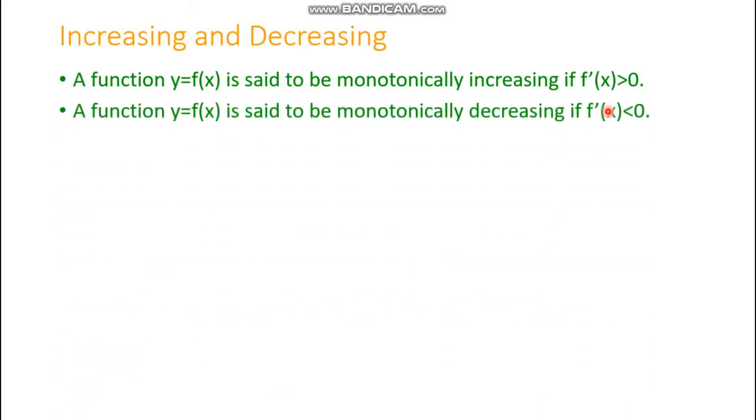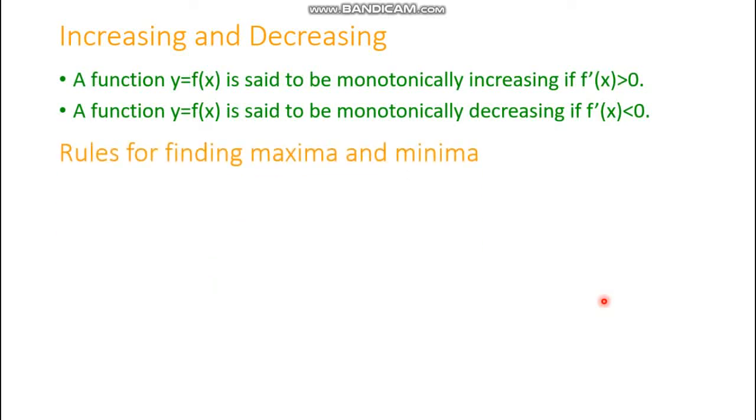On the other hand, if dy/dx is less than 0, that means tan theta is negative, so the tangent at that point has a negative slope. In that case f dash x is less than 0. So it is very simple. f dash x greater than 0 means the movement is in increasing order, and if f dash x is less than 0, the movement is following decreasing order.